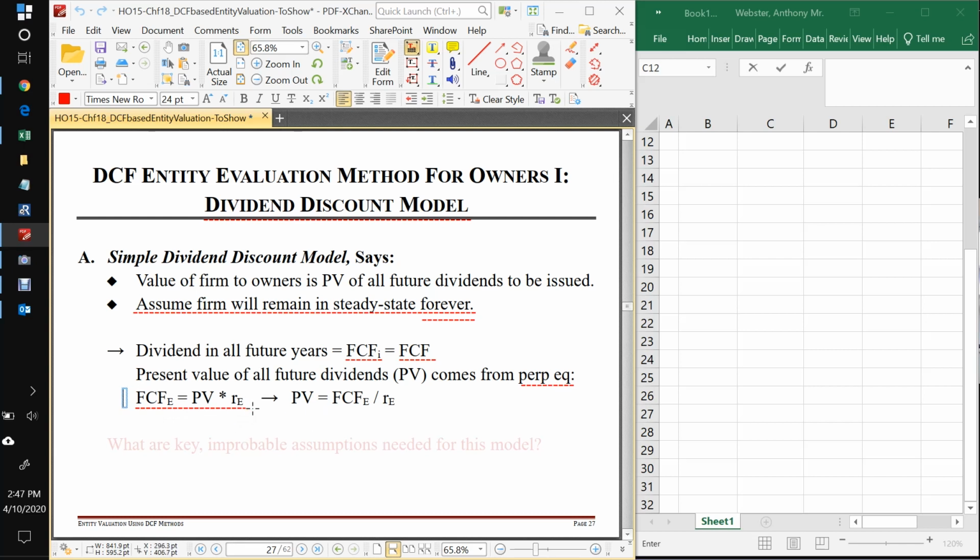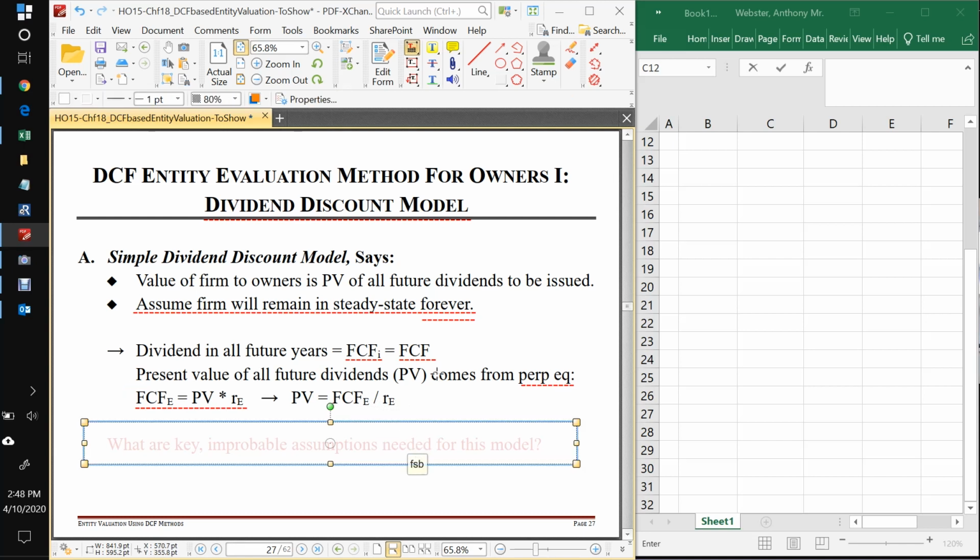So through the awesome power of algebra, we can solve this equation for the present value of all those uniform cash flows that we're getting out to infinity, and the present value of all those future cash flows out to infinity is the value of any one that we want to take divided by our cost of equity capital. Okay. All right, so far so good.